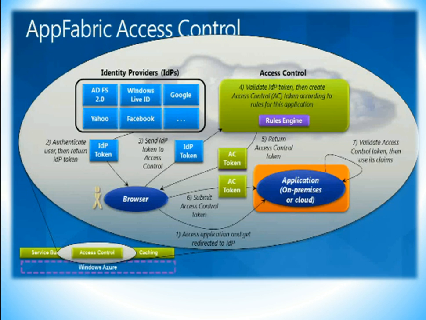So what the access control really does, if I go down to the flow: you access the application, on premise or on cloud. The application says, hey, you need to go back to the IDP and talk to them. I'm not talking to you unless I really know who you are. So what does the browser do?